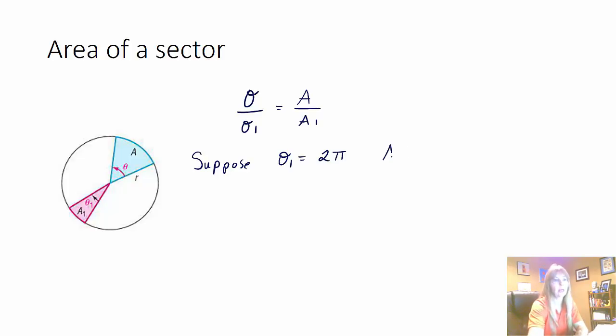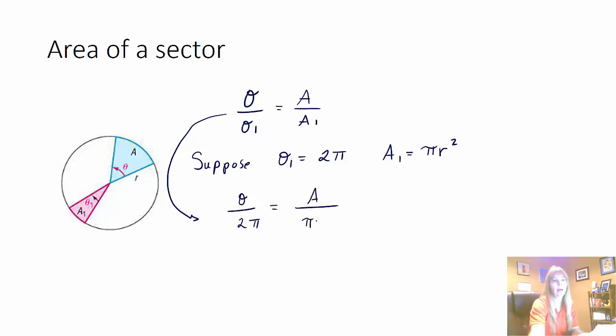And then area 1 would be the area of a circle, which is pi r squared, right? If you go all the way around, the area is the area of the circle. So coming back and repeating this now, where I see theta 1, I put 2 pi. Where I see A1, I put pi r squared.